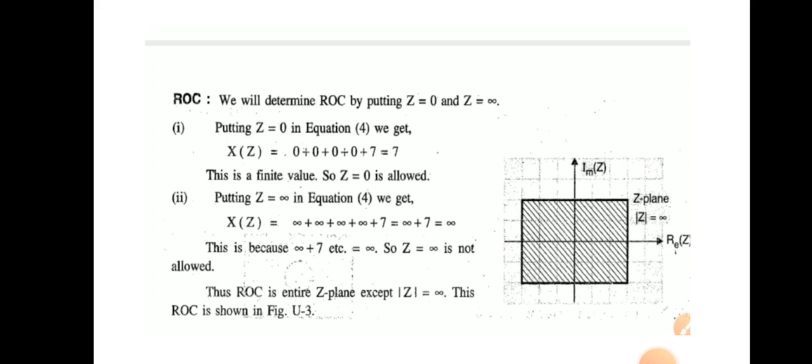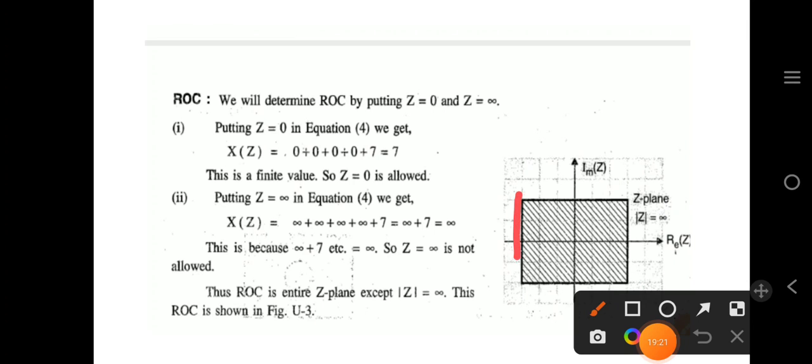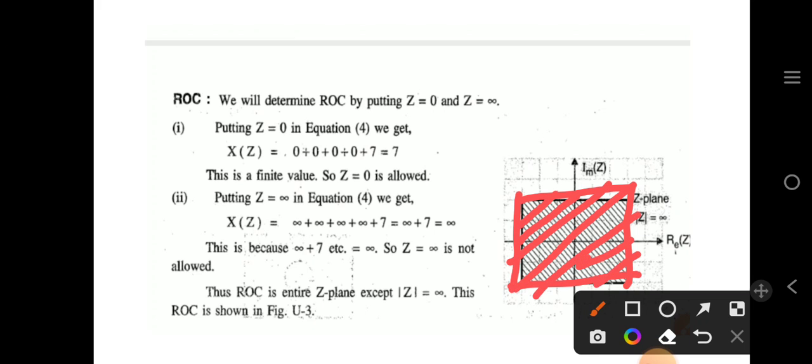The ROC is the entire z plane except mod of z equals infinity. This type of ROC is shown in the figure. As we know, the ROC is allowed except mod z equals infinity. It means we can plot the ROC in the z plane. The block shown as a shaded region is called the z plane.